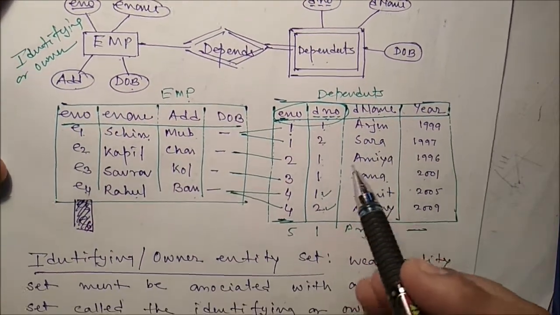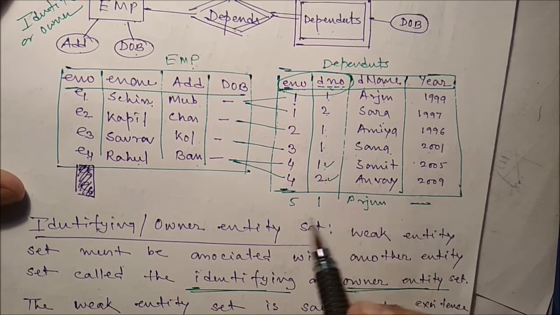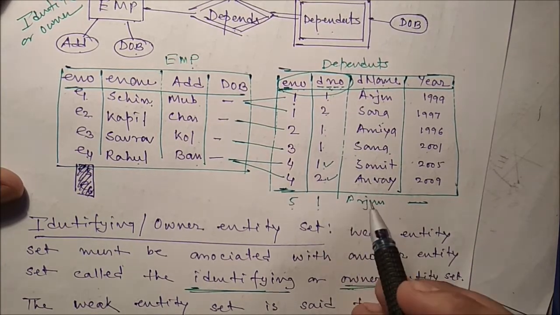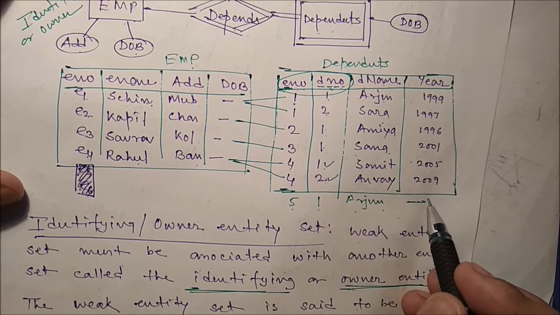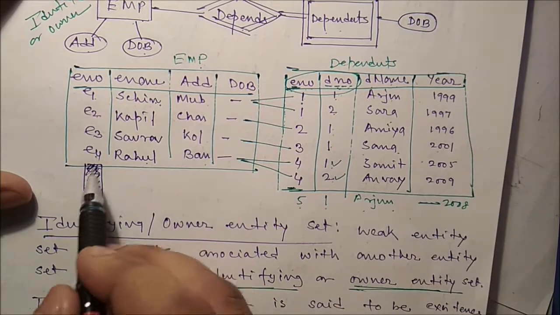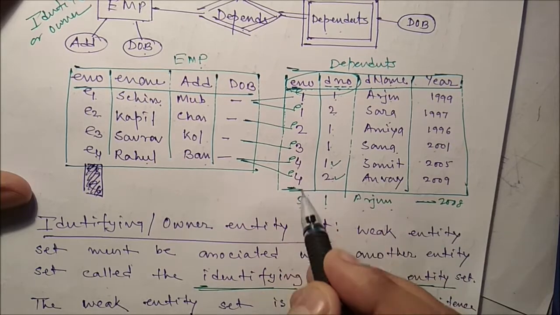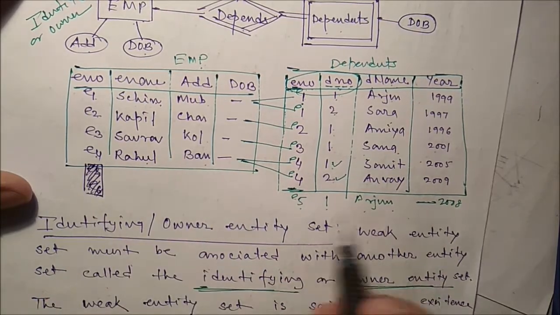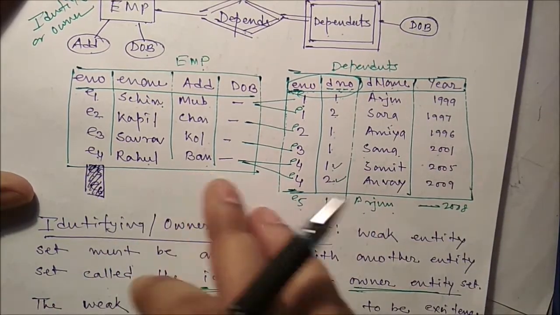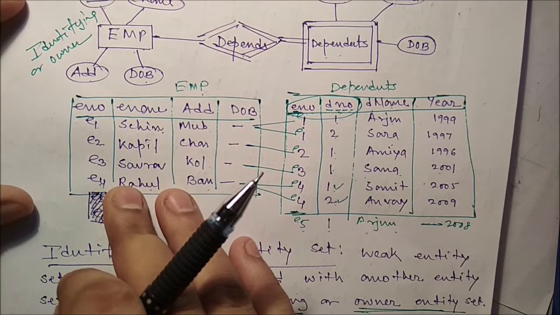Now here, suppose you want to enter the name of a child, say employee number 5 and dependent number 1 and dependent name Arjun and some year, say 2008. We cannot insert it here, because employee number 5, so this is E1, E2, this should be E, you cannot enter here because E5 is not there, because this table is dependent on this table. Are you getting this one?